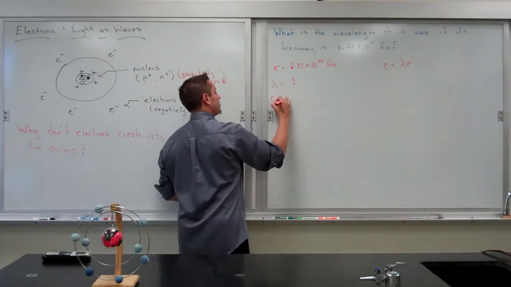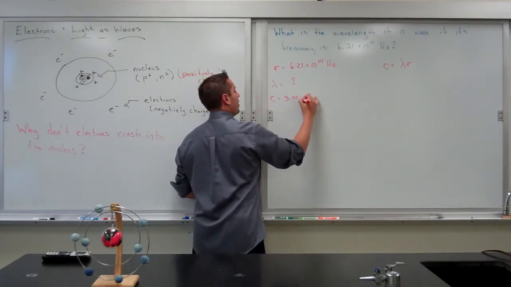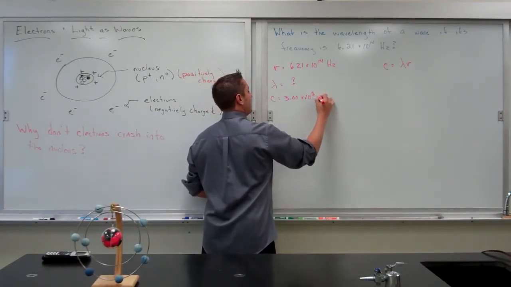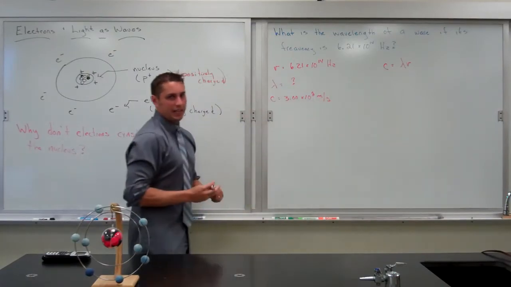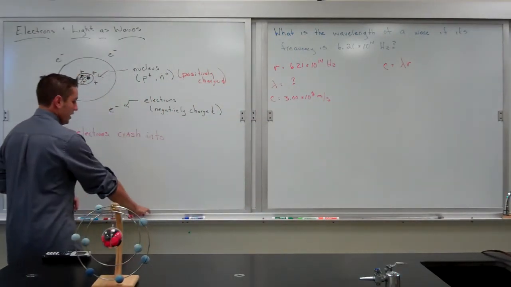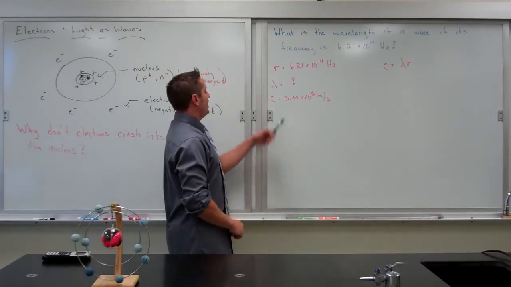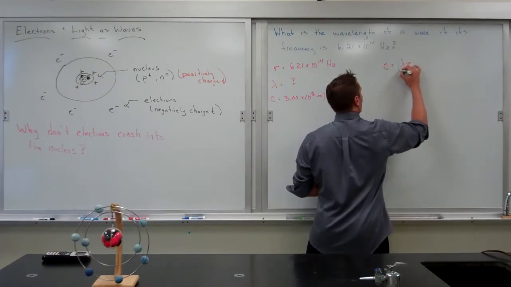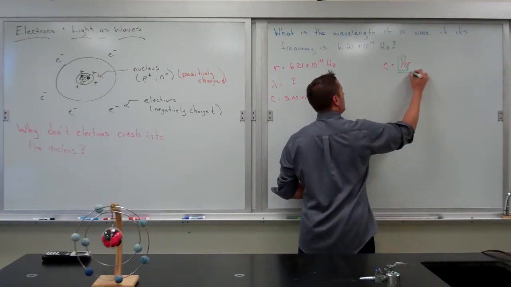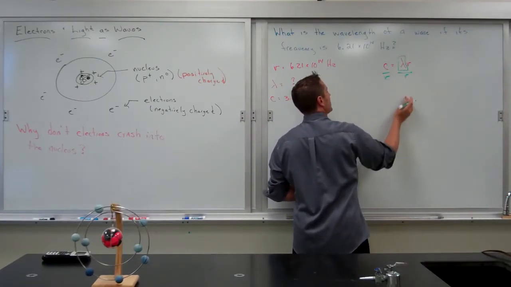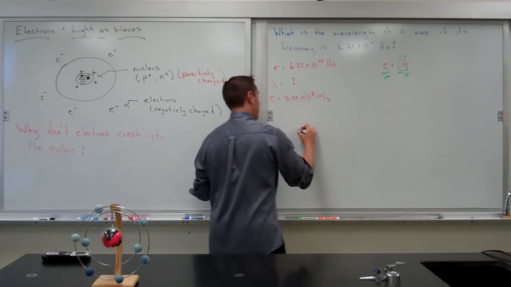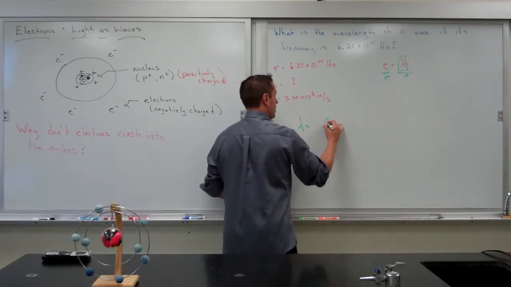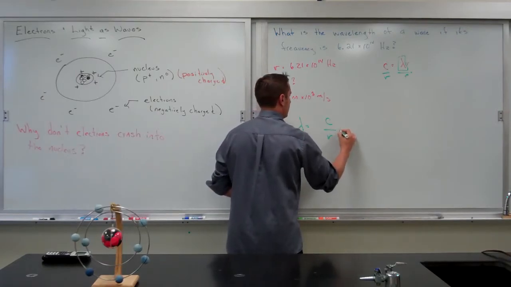Again, go back and list what c is. 3.00 times 10 to the 8th meters per second. This time, I need to get wavelength all by itself. So I'm getting rid of the frequency. So I'll divide both sides by v. That leaves me with lambda equals c over v.